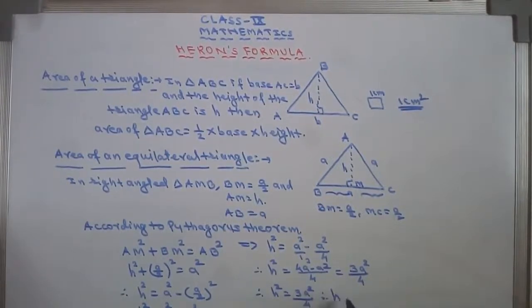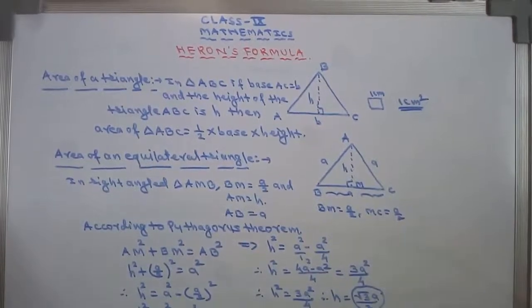Therefore h equals, taking square root on both sides, root 3 a by 2, since the square root of 4 is 2. So root 3 by 2 times a is the height of an equilateral triangle, where a is the side of the equilateral triangle.